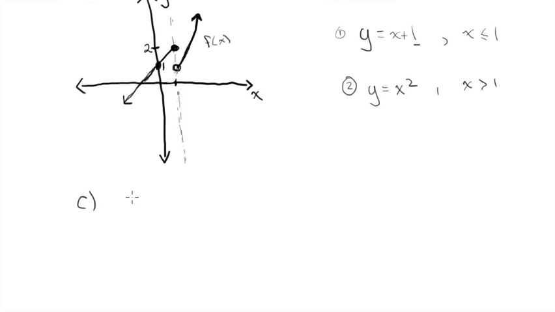Now we could talk about stuff like the continuity. Is this function continuous? And the answer to this question would be no, right? Remember, continuous meant there were no breaks or jumps. Well, this one has a break.